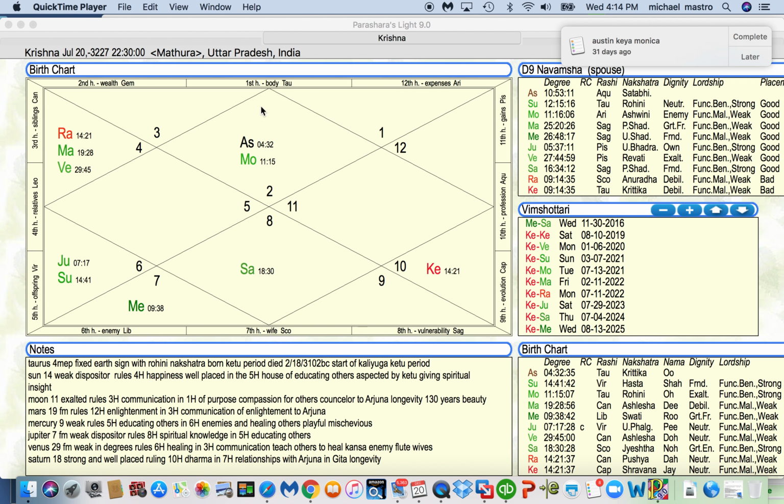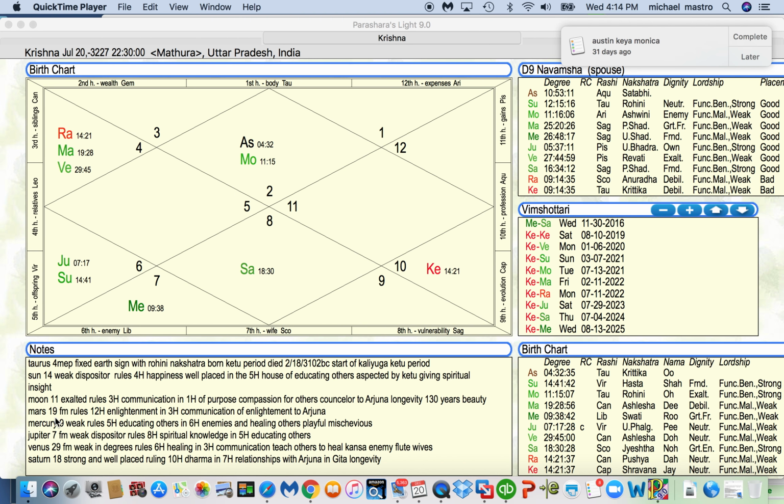His life purpose, you could say, through Moon is this compassionate nature to help others grow spiritually. And you see this in the Gita when he's talking to Arjuna. Moon also in this house gives longevity, because it's very exalted. So this is the house of longevity.